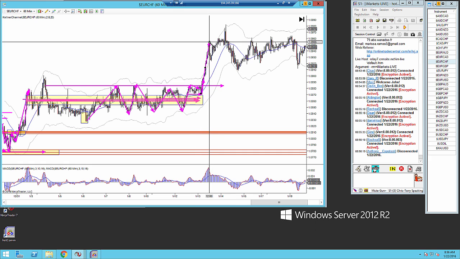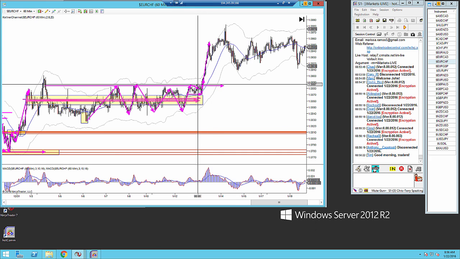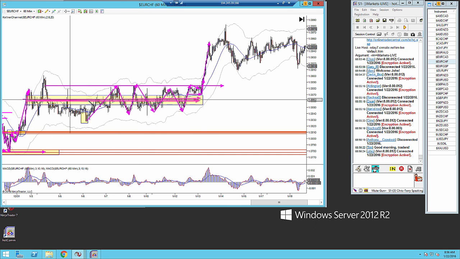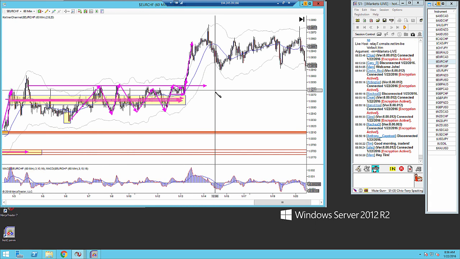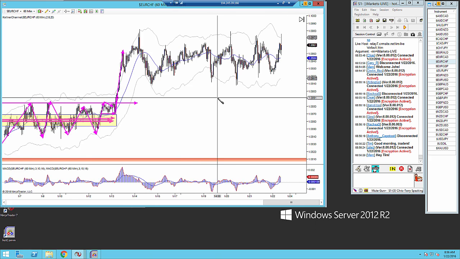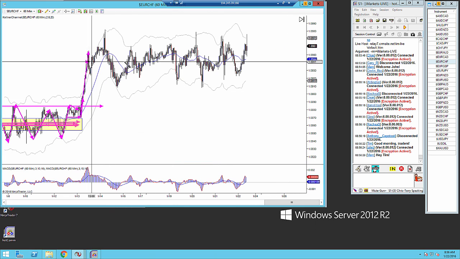Okay, it's the auction market. This is the theory. Everybody wants to be in. It went sideways so far, it needs to go up, right? Then it goes sideways again.